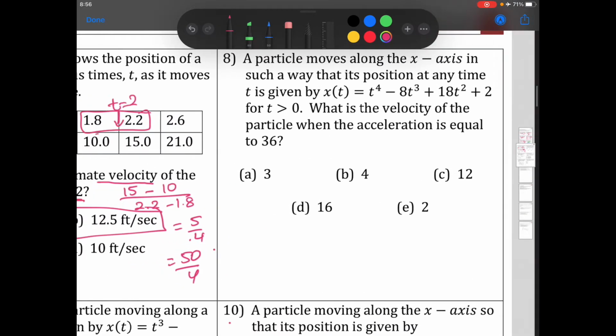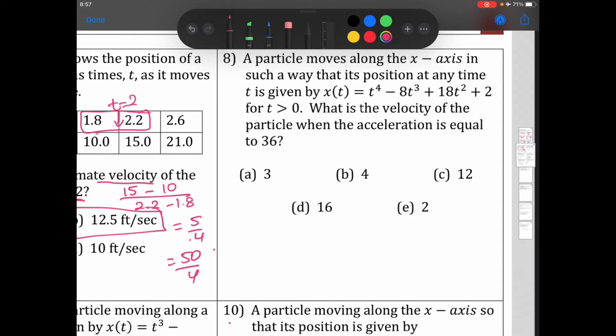Number 8, a particle moves along the x-axis in such a way that its position at any time t is given by x of t equals t to the 4th minus 8t cubed plus 18t squared plus 2 for t greater than 0. What is the velocity of the particle when the acceleration is equal to 36? It is a little tricky question.